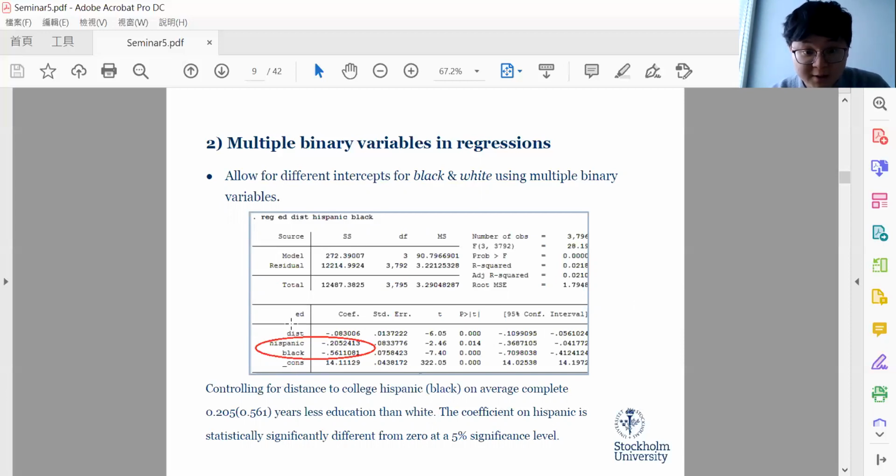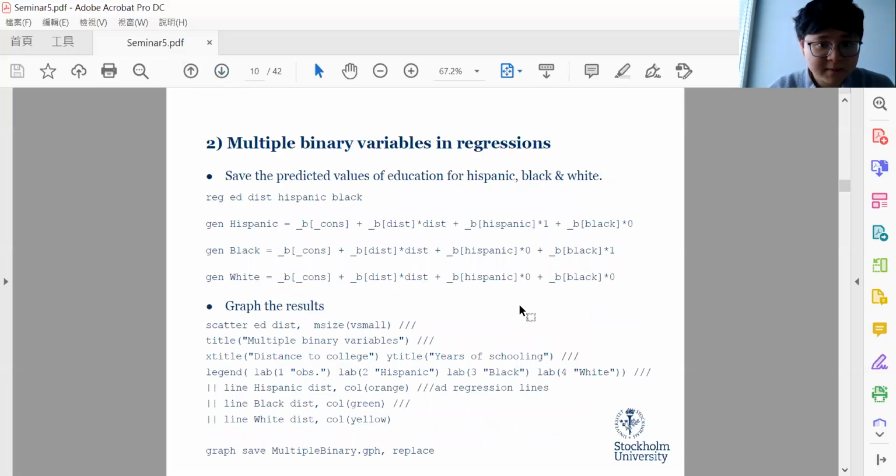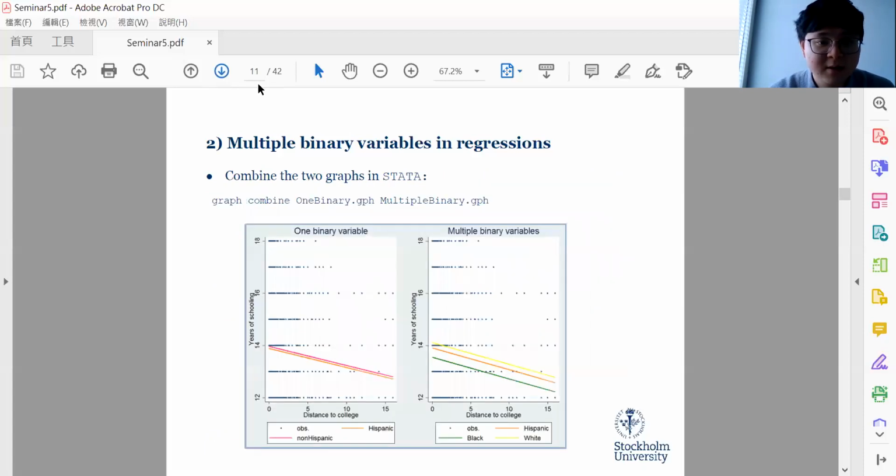Controlling for distance to college, Hispanics on average complete 0.2 years less education than whites, and blacks 0.56 years less, and both are significant. You can generate the predicted values just as you did before, and then this is the graph.